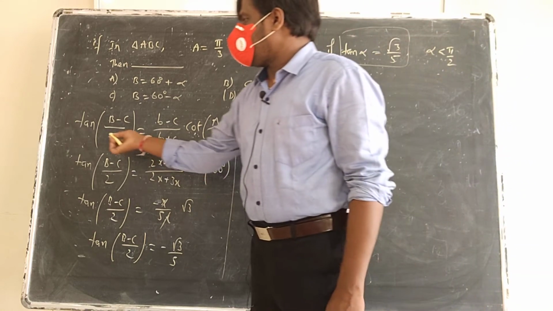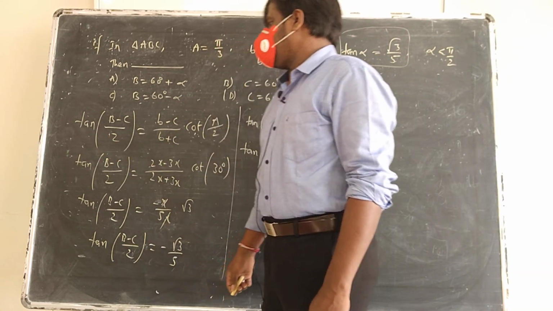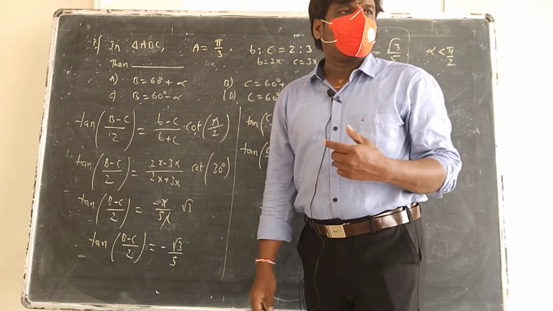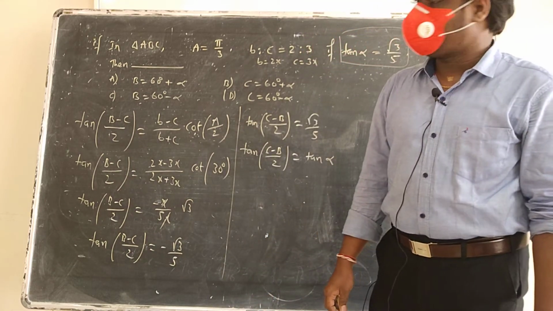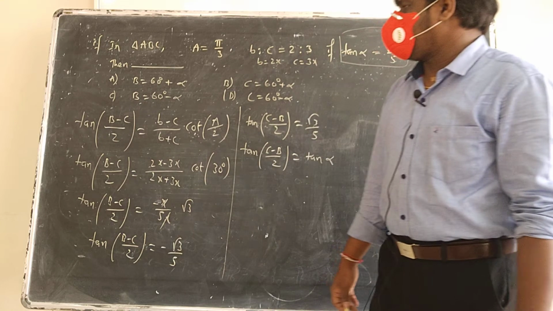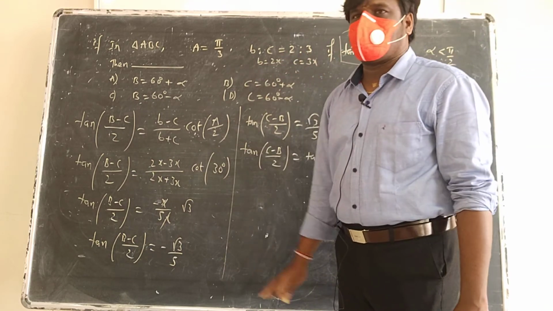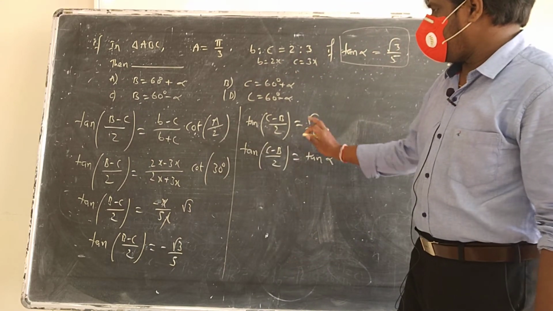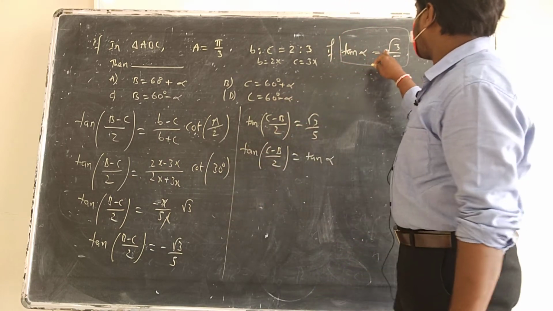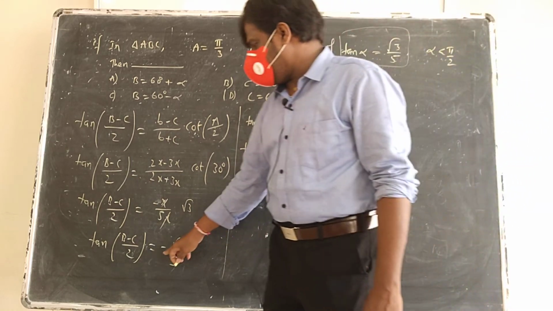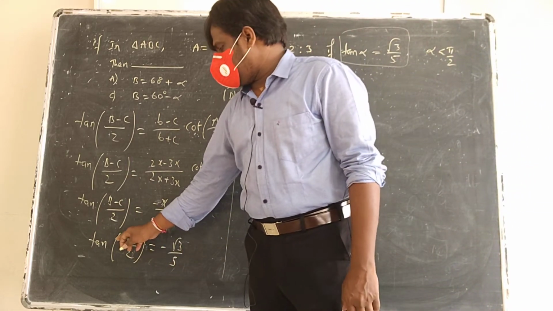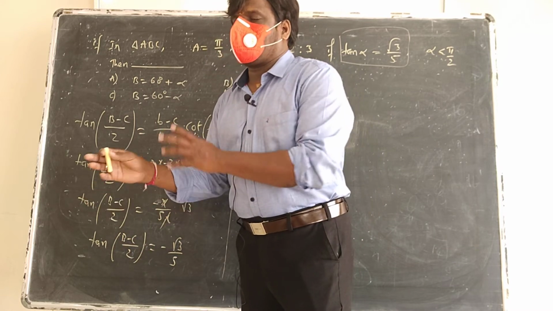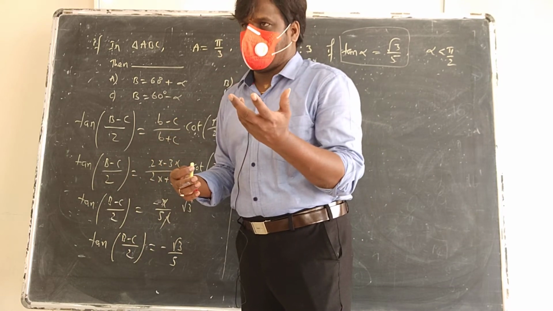So we know the Napier formula, tan of (B minus C) by 2 is equal to (b minus c) by (b plus c) cot A by 2. We substitute these values here. After that we got 3 by 5, and here a minus sign you are getting. So tan of minus theta is minus tan theta.